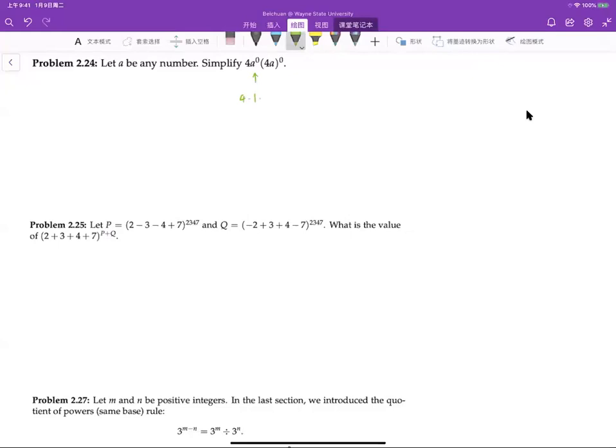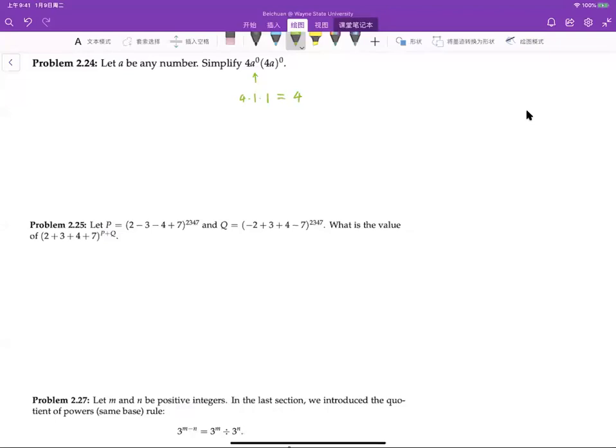Then the next term is 1. And then you multiply 4 times a, which is a number, and then 1 times 0, it's to the power of 0, so it's 1. So this will be another 1, right? Yeah, so the answer is 4. Very good.